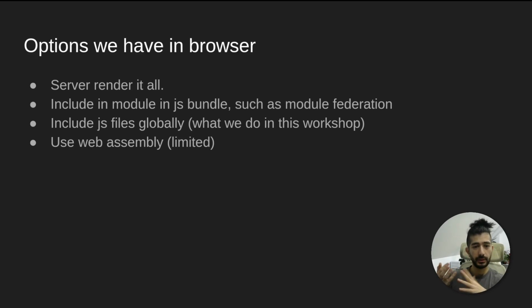Include JS files globally. That's what we're going to do in this workshop: we just take any random JS file that we don't know about at compile time and we will use it. And then we can also use WebAssembly. It's a little limited, but it's a very good plugin system.